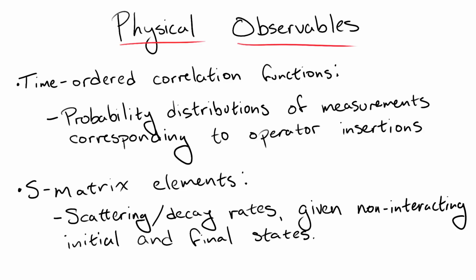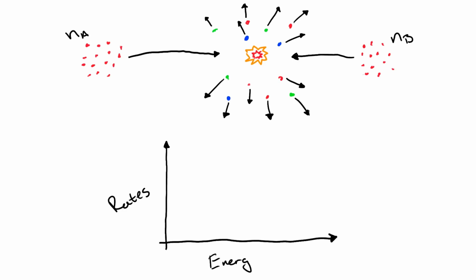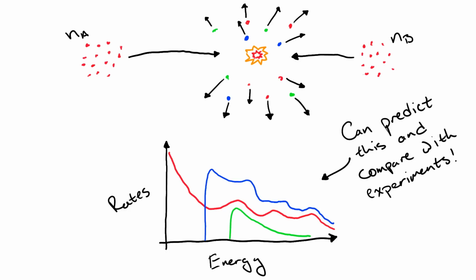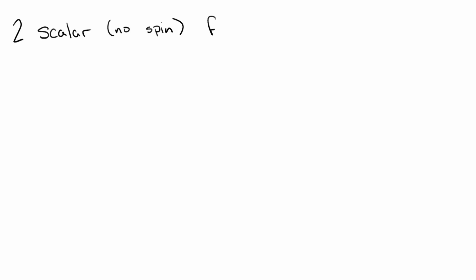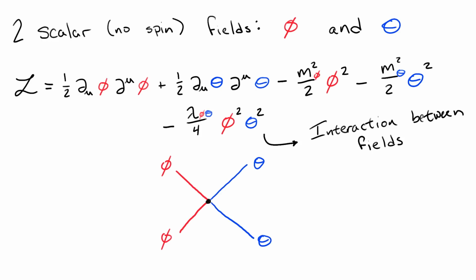This means that if we build an experiment where we know the type and number of initial state particles, we can predict the number and momentum distributions of certain types of final state particles. So for example, if we take our simple model from before with two interacting scalar particles, we can build a theoretical collider which smashes two beams of phi particles together with some given experimental parameters.